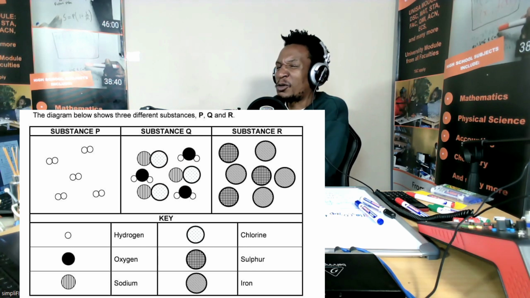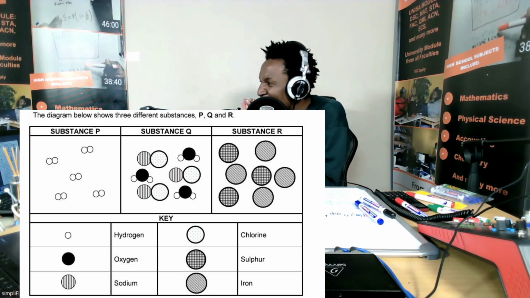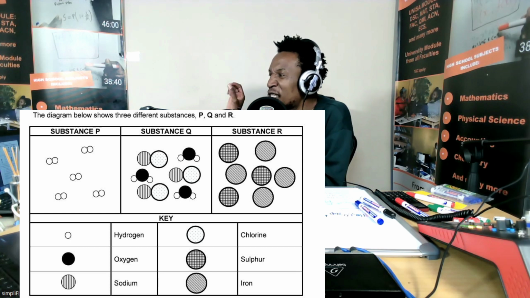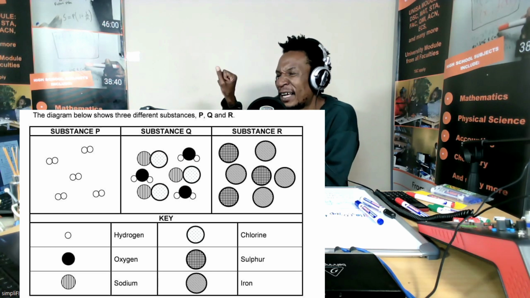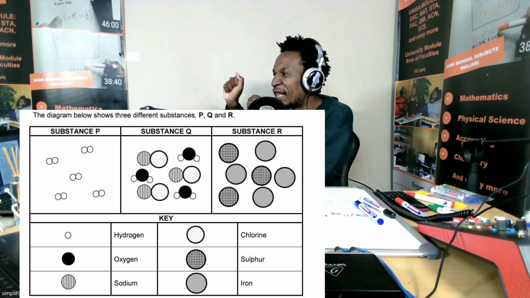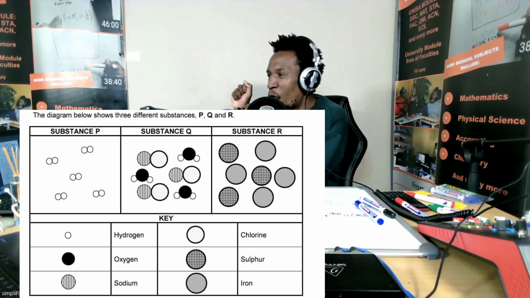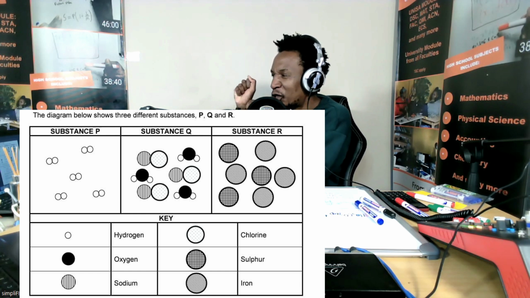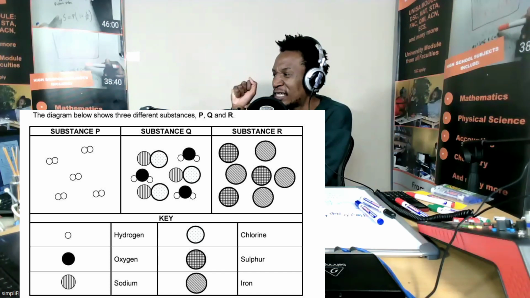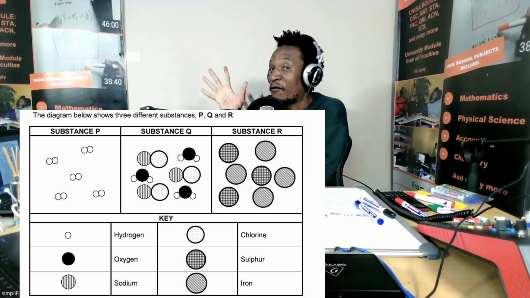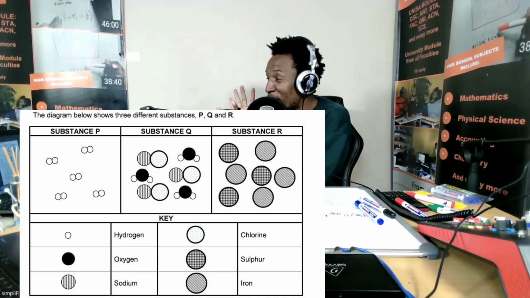We can think of some sort of sodium chloride there. And then we have oxygen also on substance Q. If you look very well, there's the black ball attached to two hydrogens. That's like H2O. So we have two hydrogens bonded to oxygen. That's more like water, if you now understand where this is going.